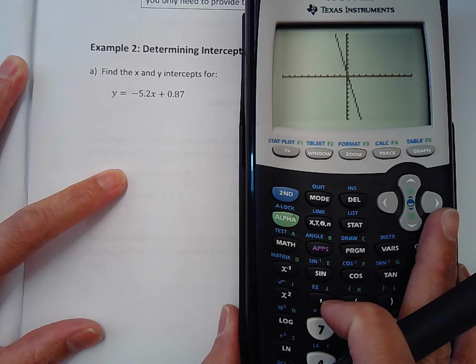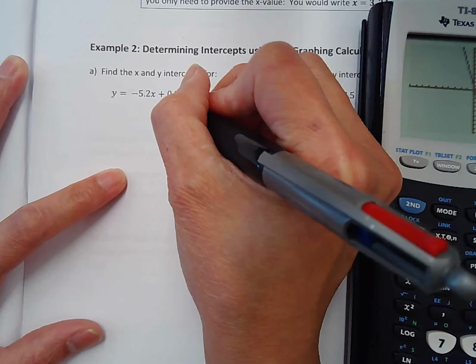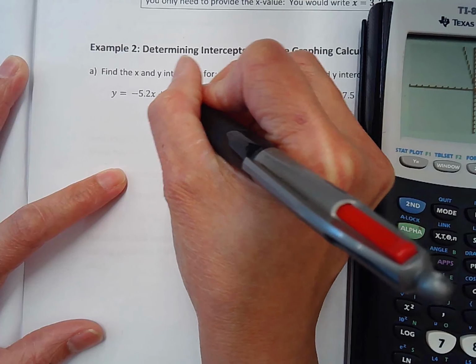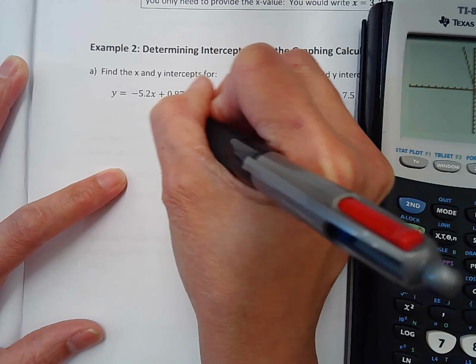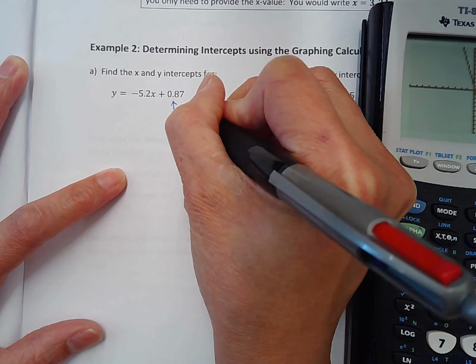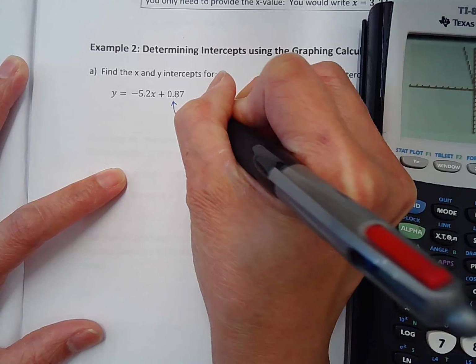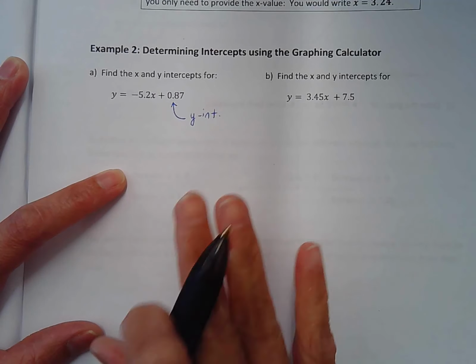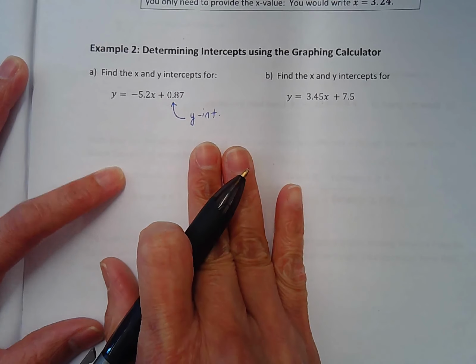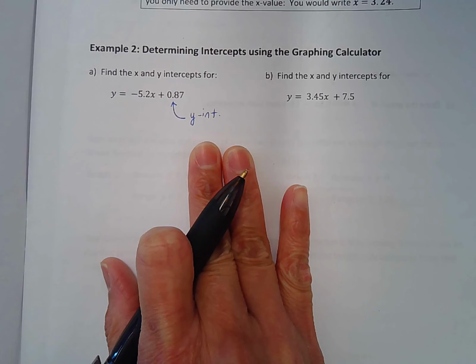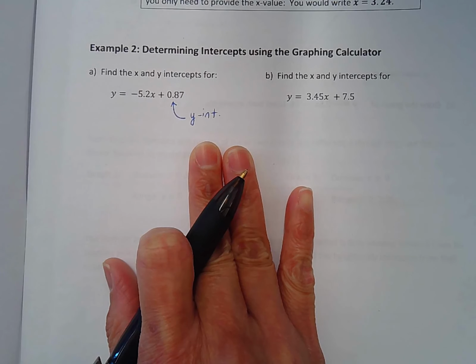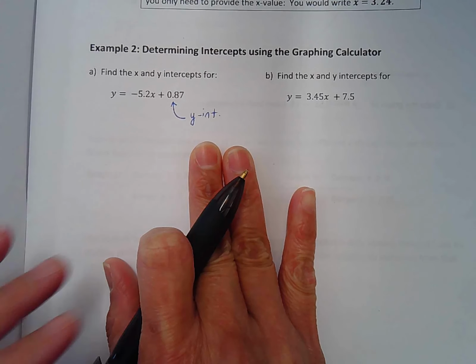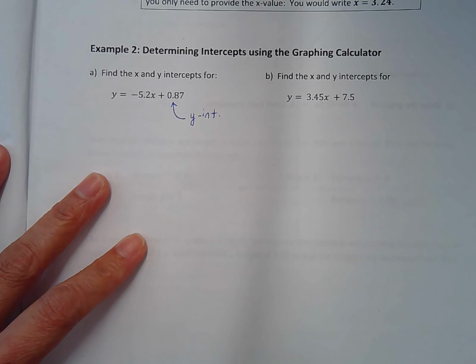What we can do is, if it's in this form already, we know that this is the y-intercept, right? I'm going to show you how to figure this out algebraically, and then using a calculator, okay? Because it's not bad.